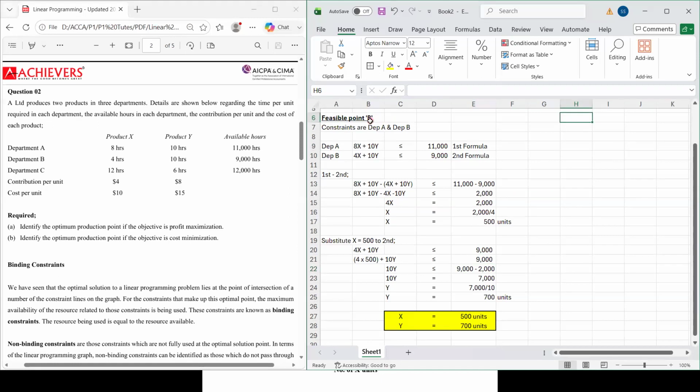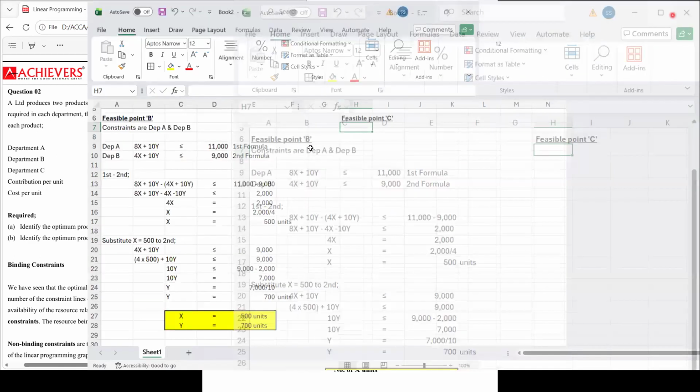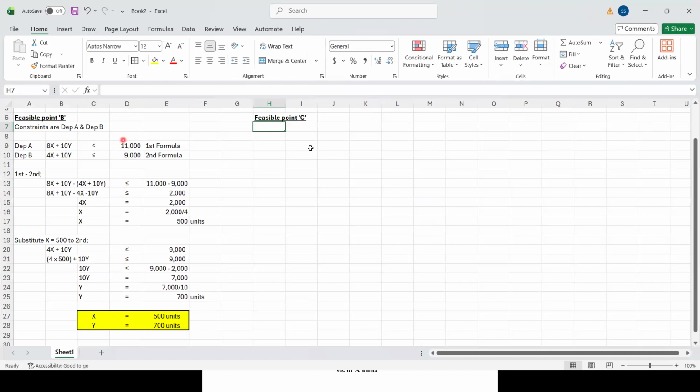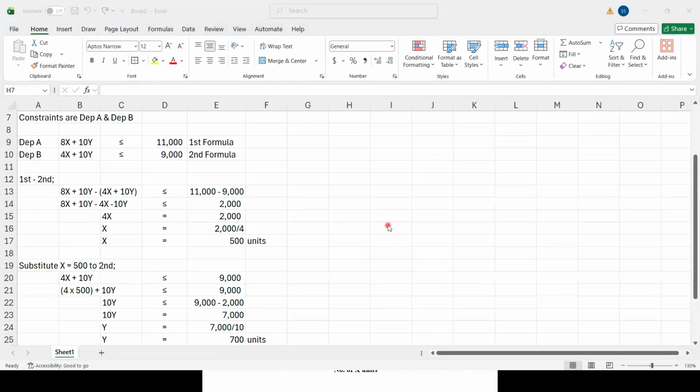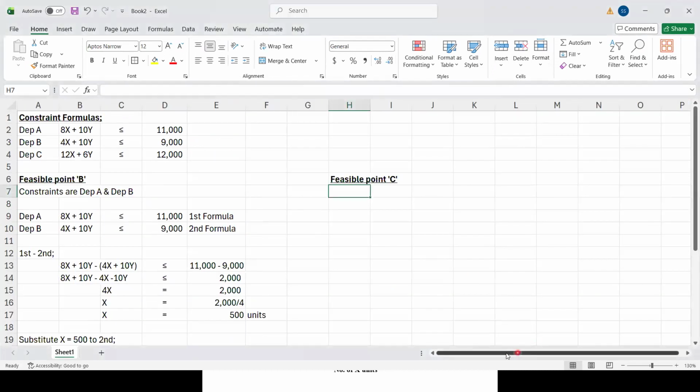So the next one, feasible point C. Okay. So tell me, what are the constraints we have in feasible point C?